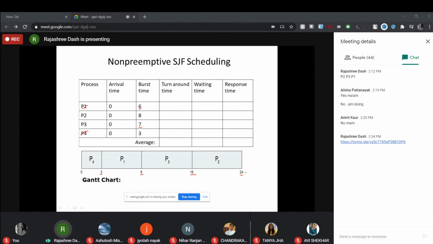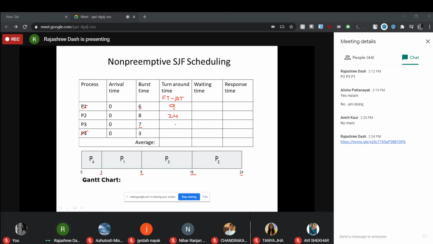So now let's quickly find out the turnaround time, waiting time, and the response time. What is the turnaround time for P1? 9. Correct. For P2, look at the formula: the finish time for P2 is 24, minus arrival time 0, so it is 24.